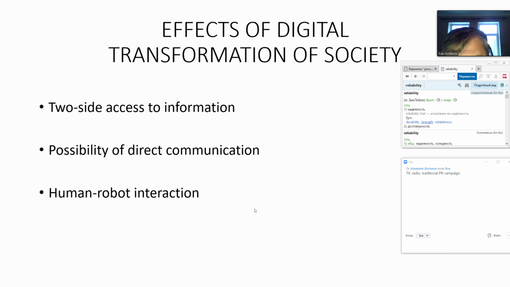from viewers, from your users, right? Now you can get a feedback, and as you know, thanks to the digital TV, it is also possible to get feedback on TV right now. But it is a digital TV, not a traditional one. So, ladies and gentlemen, now we have two-side access to information.